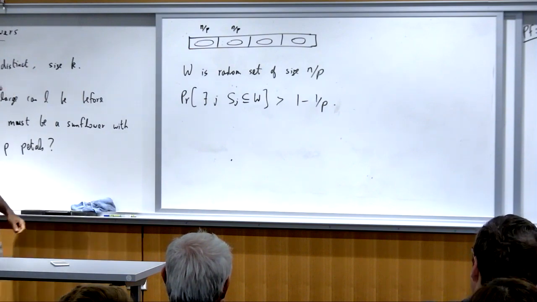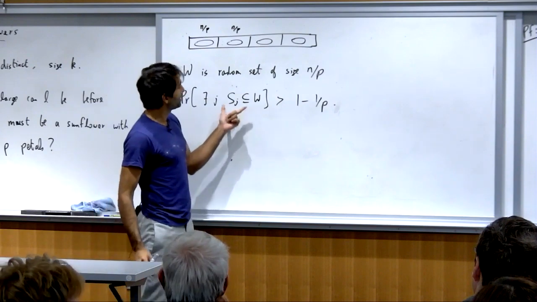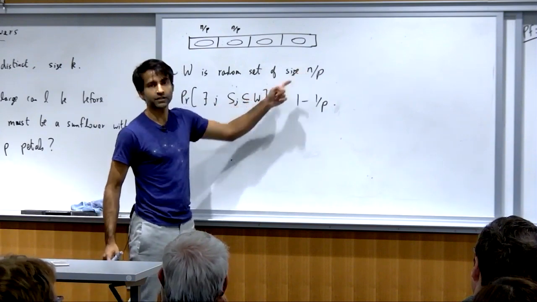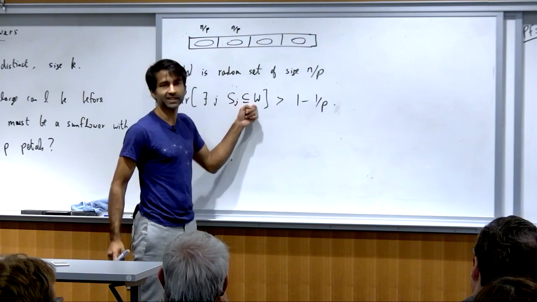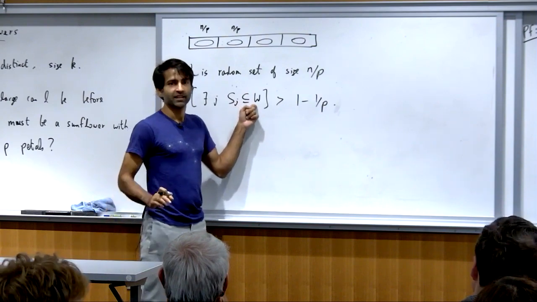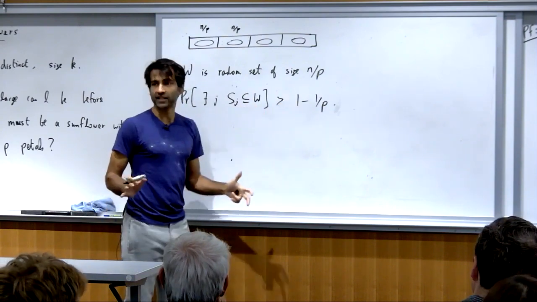So with high probability, if you pick W to be an n over p fraction of the universe, one set of the family will land completely inside W. And if I can show this bound, we're done.